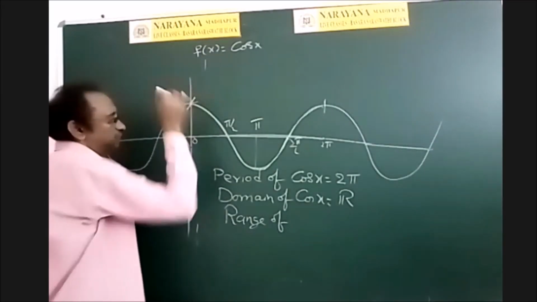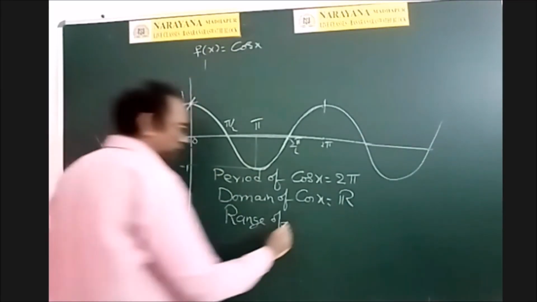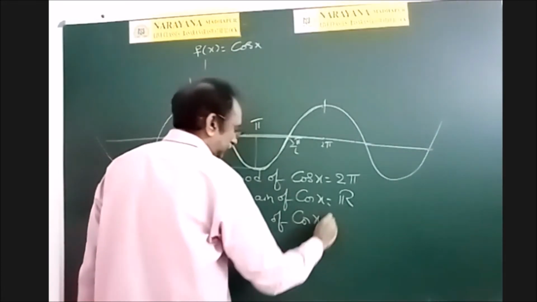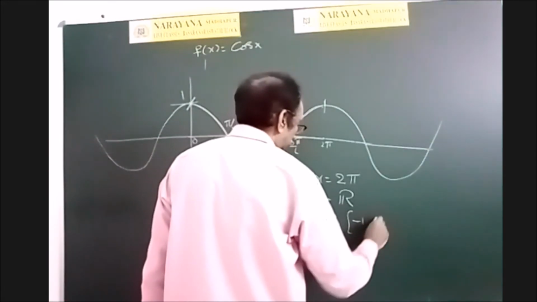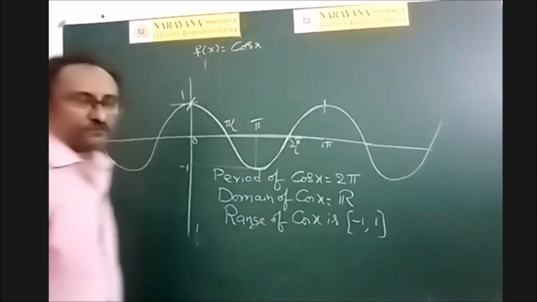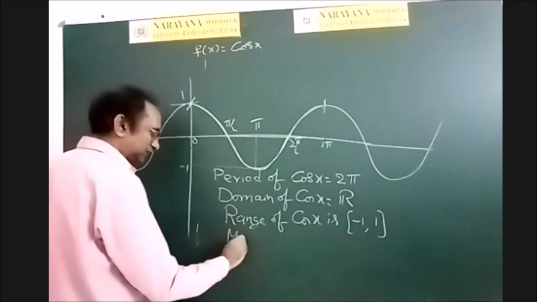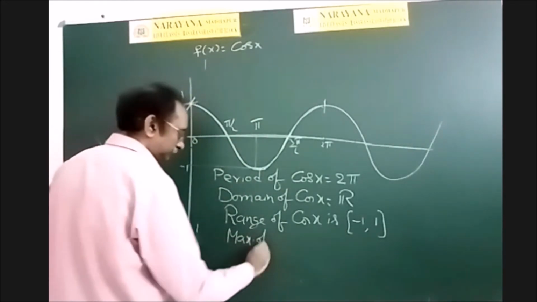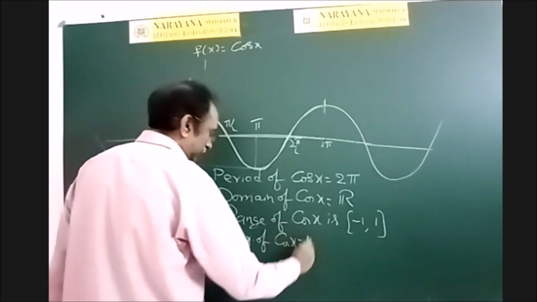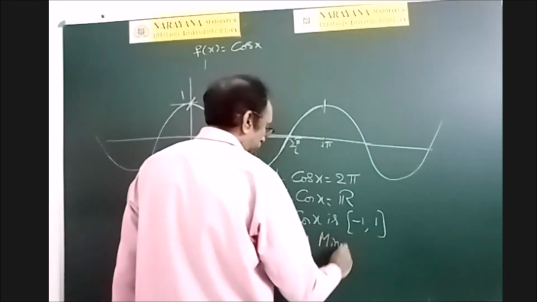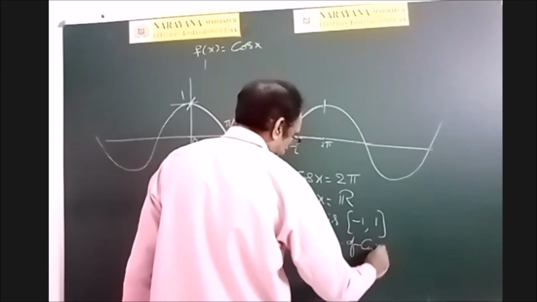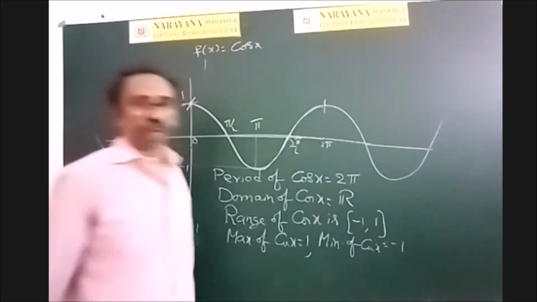Cos maximum is 1 only, minimum minus 1 only. So range of cos x is closed interval minus 1 comma 1. Maximum of cos x is 1 and minimum of cos x is minus 1.